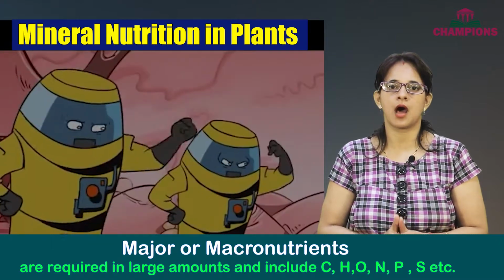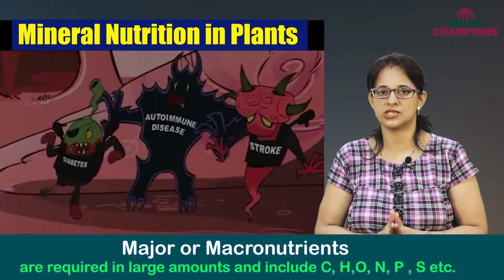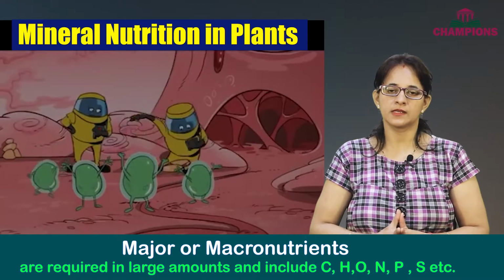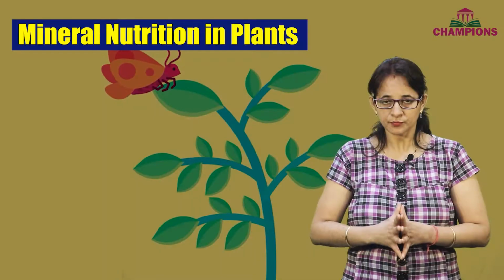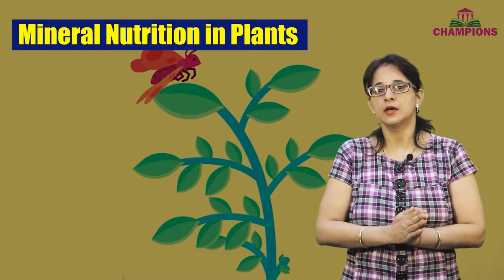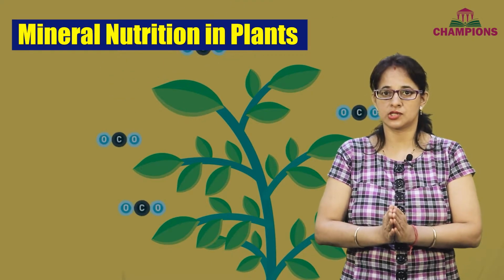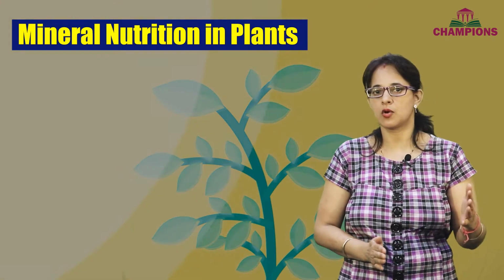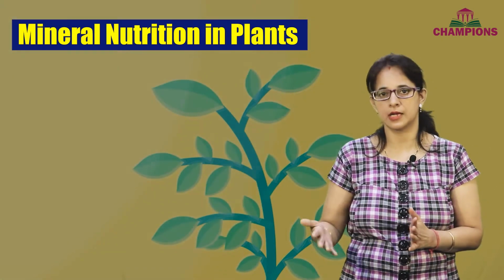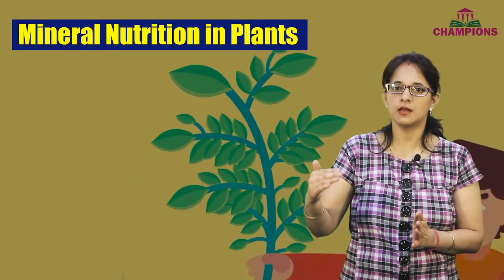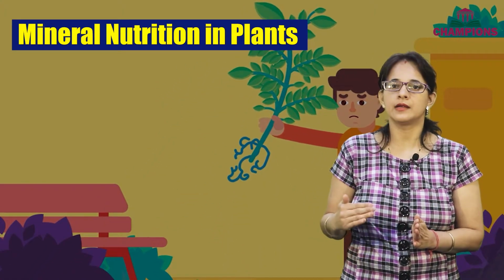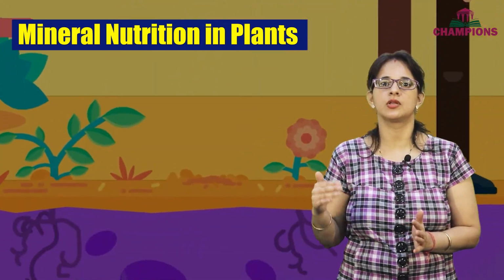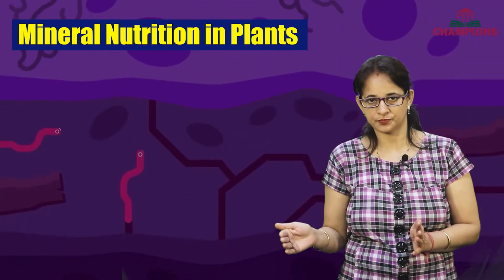For example, carbon, hydrogen, oxygen, nitrogen, phosphorus and sulfur are all macronutrients. But that doesn't mean that micronutrients are not essential. Both are required by the plants, but one is required in a larger amount, the other in a still lesser amount. And it is the deficiency of these micronutrients that will cause a major effect in the plant body.